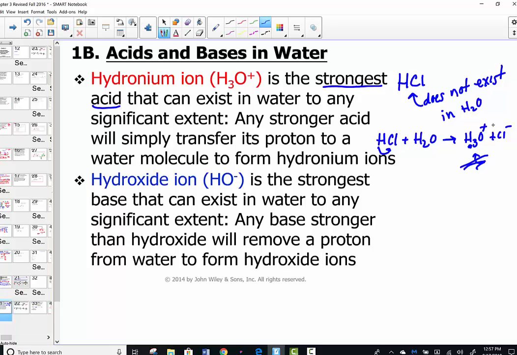Same story here, but for hydroxide. OH- is the strongest base that can exist in water to any significant extent, because any base that's stronger than hydroxide will remove a proton from water to make hydroxide. So by definition, H3O+ in water makes it acidic. OH- in water creates a basic solution on our pH scale.